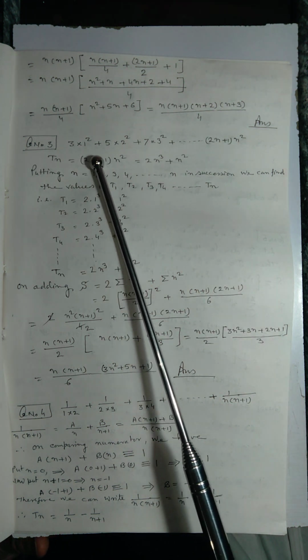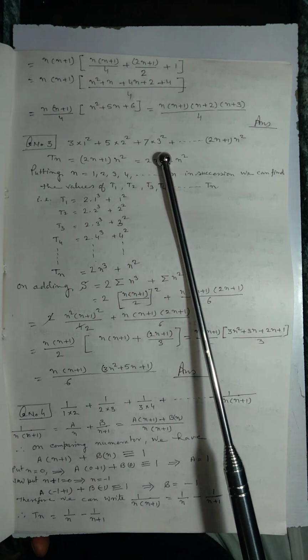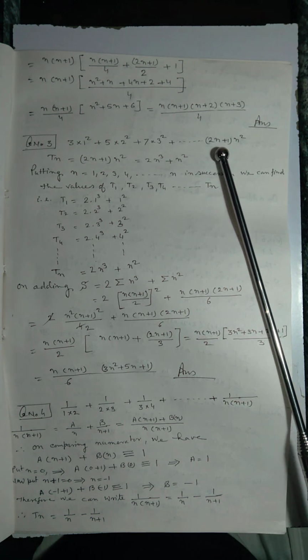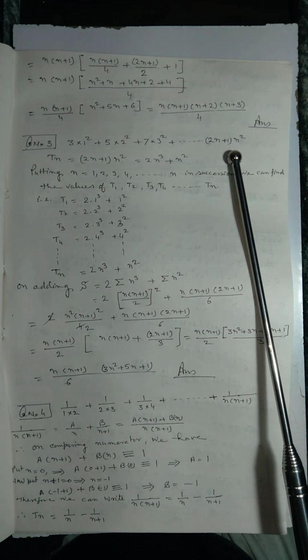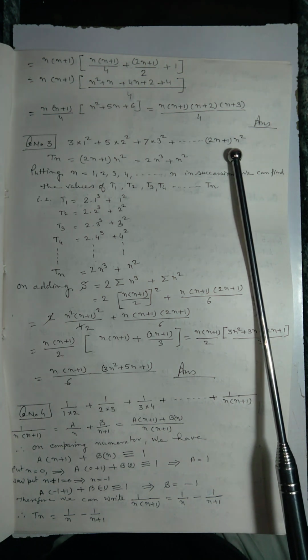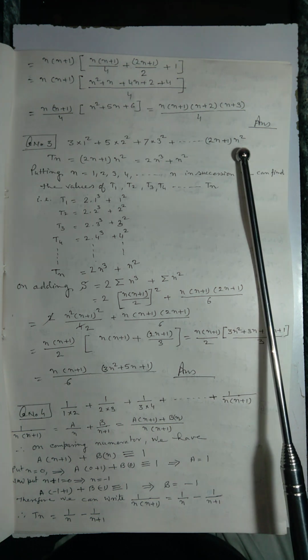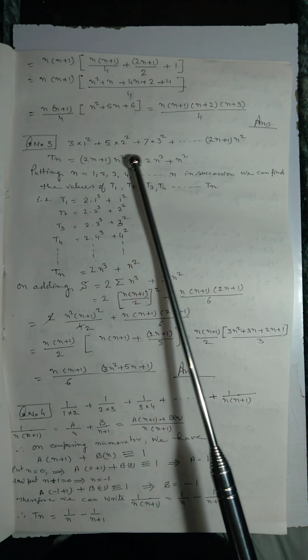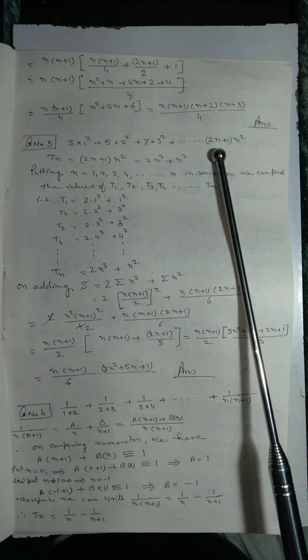3 into 1 square plus 5 into 2 square plus 7 into 3 square plus dash dash up to 2n plus 1 into n square. You see 1 square, I have written here 1 square, n square. Now in order to get the 3, 5, 7 like that, I have written here 2n plus 1.